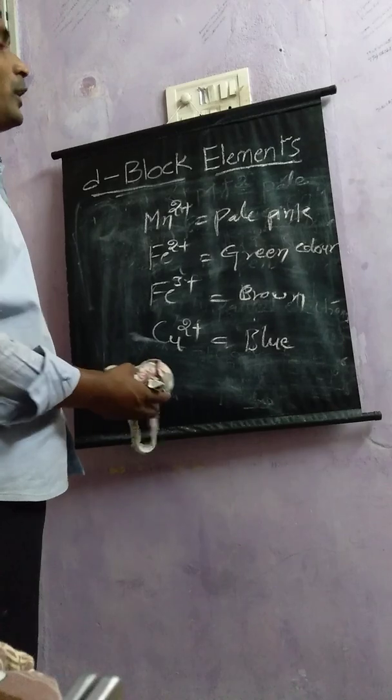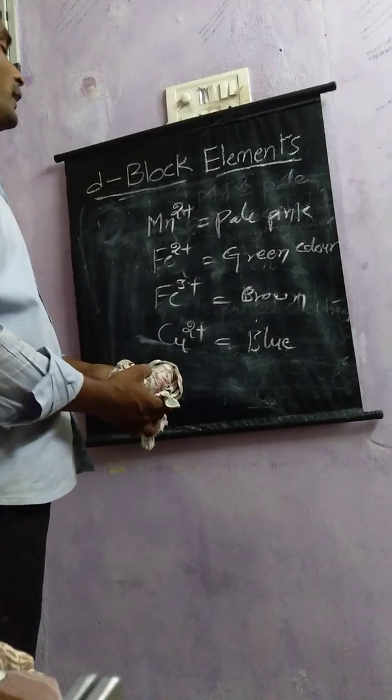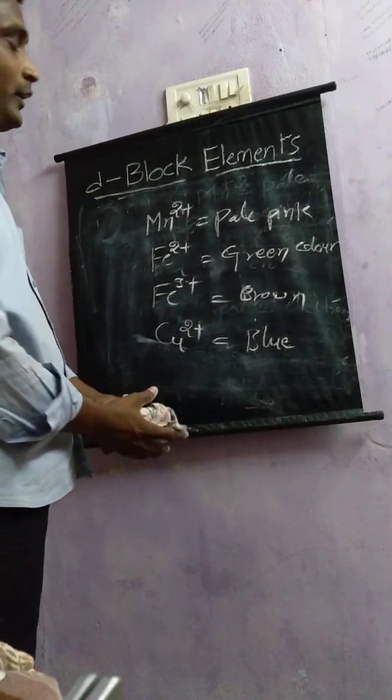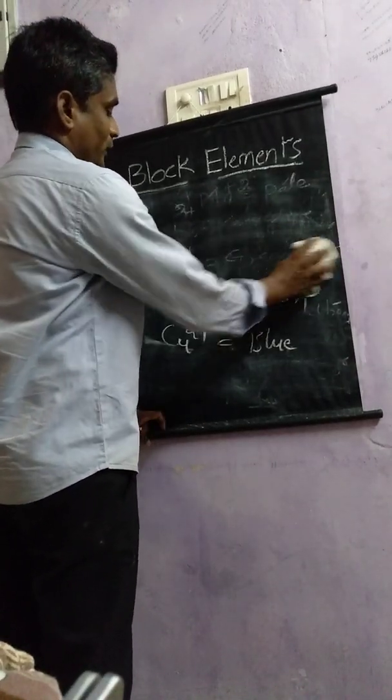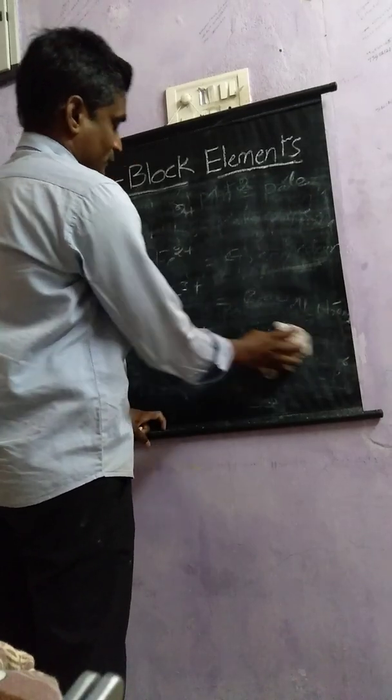Most of the d block elements will exhibit color when they are in ionic form. That we have discussed.